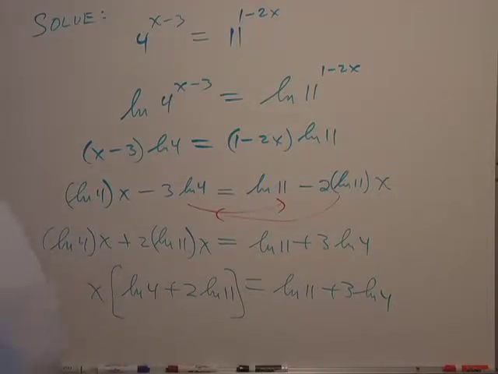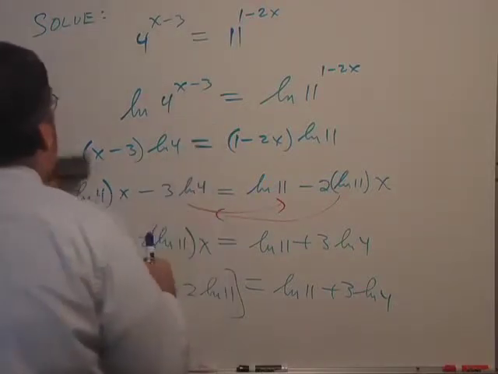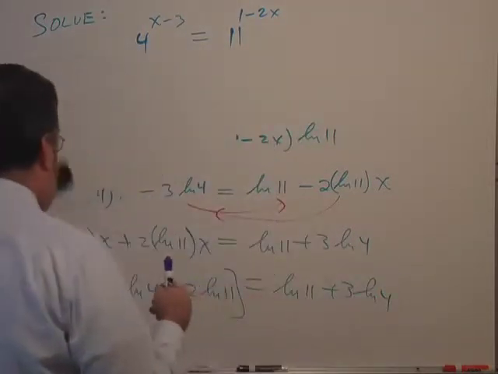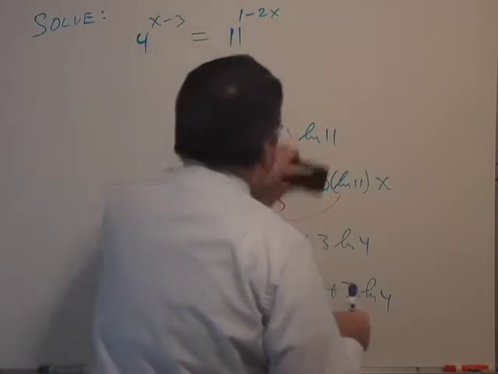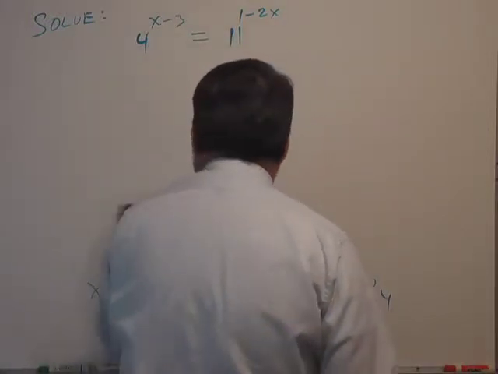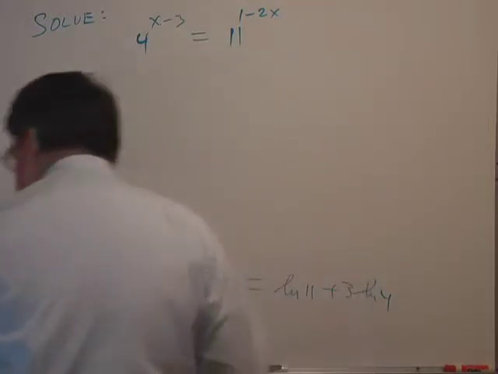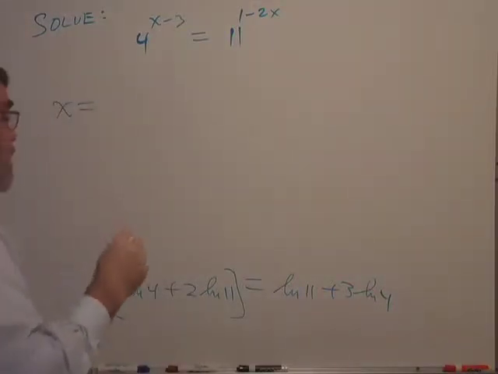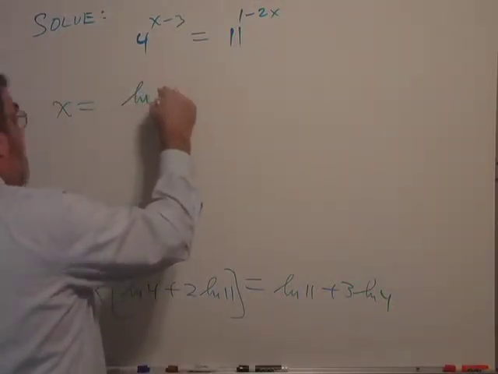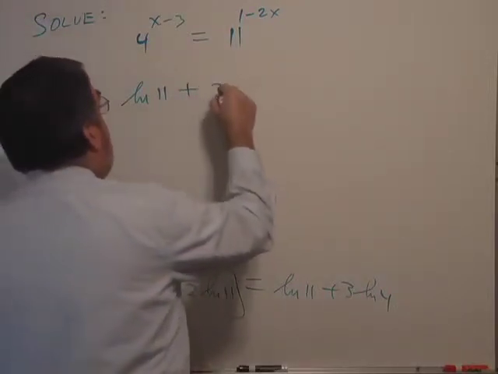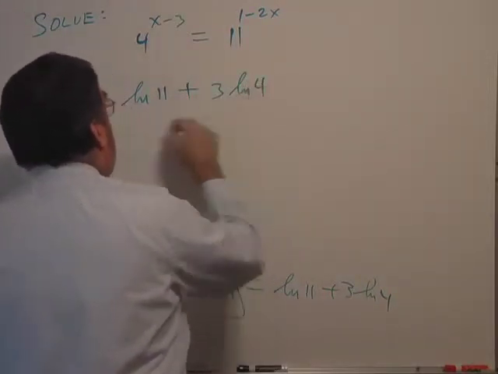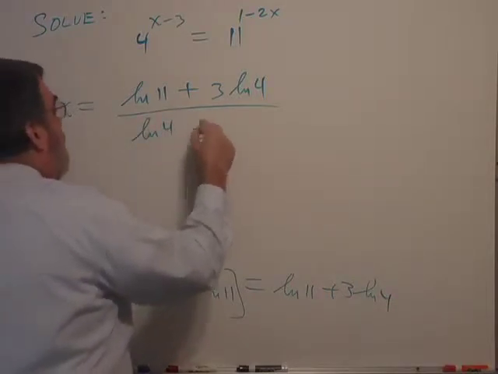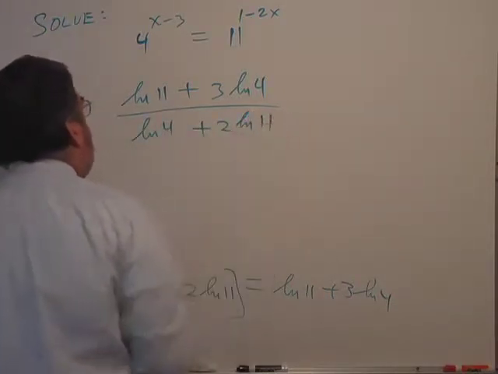I've run out of room, so I'm going to erase this part. And so we can finish up the problem. Okay, so x equals natural log of 11 plus 3 natural log of 4 divided by natural log of 4 plus 2 natural log of 11.